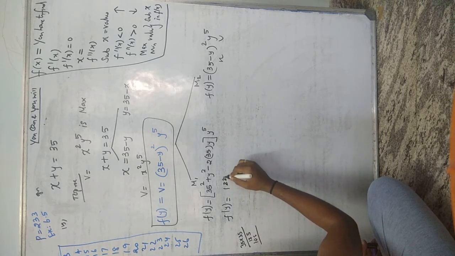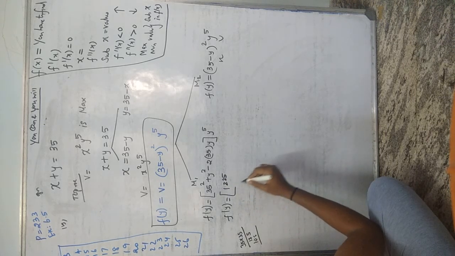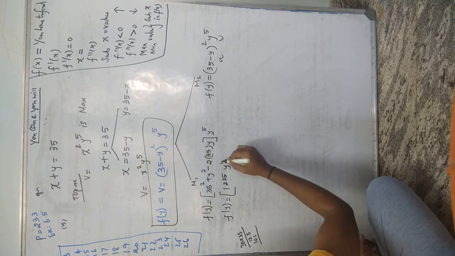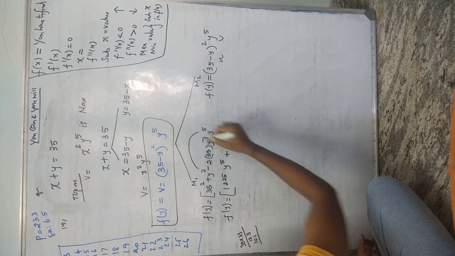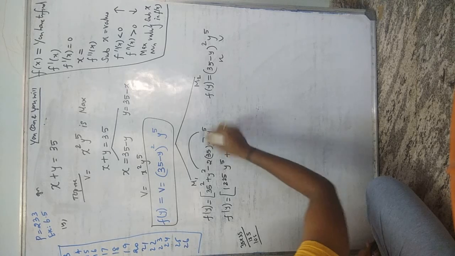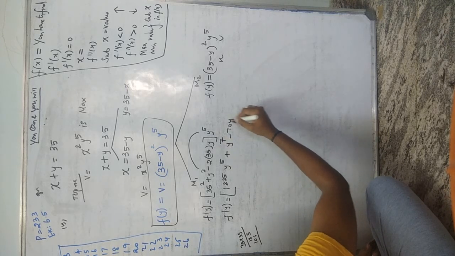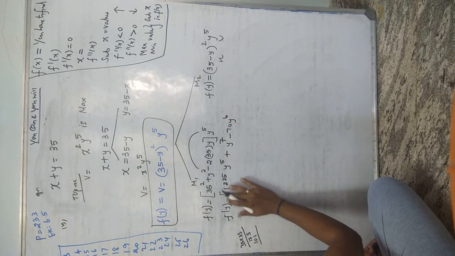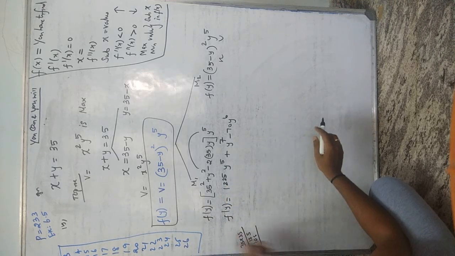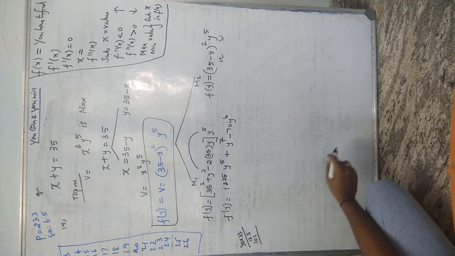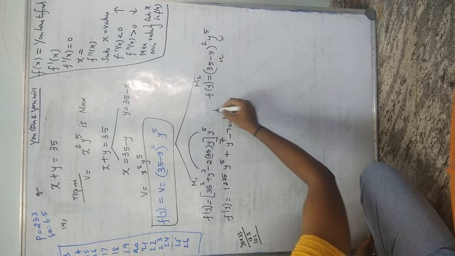So 1225 y to the power 5 plus y to the power 7, and if you multiply this one, minus 70 y to the power 6. This is your f of y. You can now differentiate as you wish. As usual, f dash and then find the critical points.